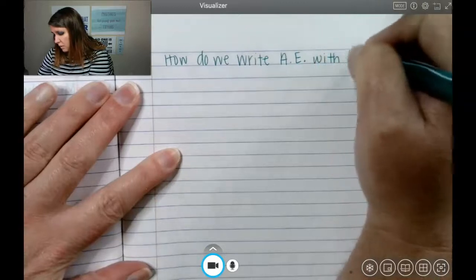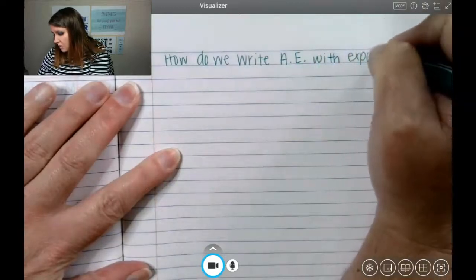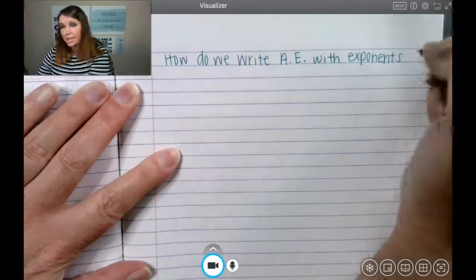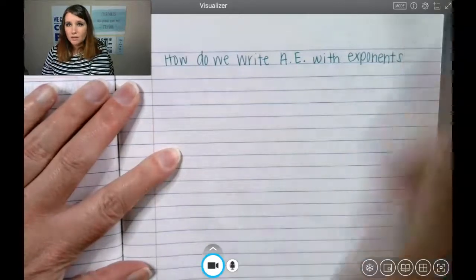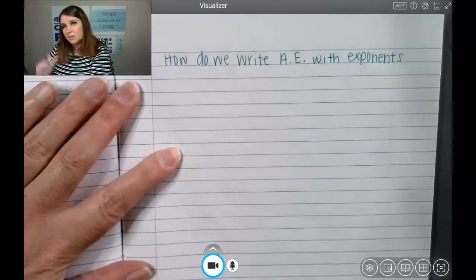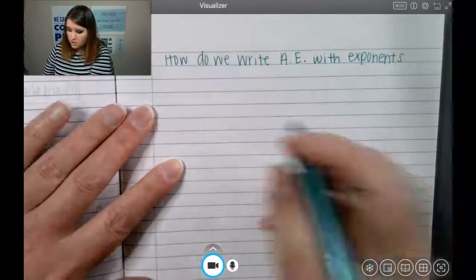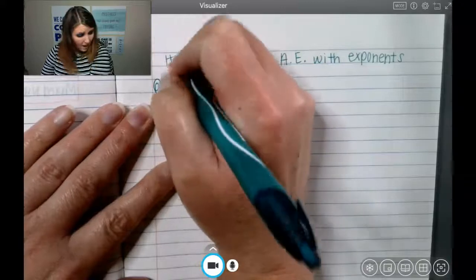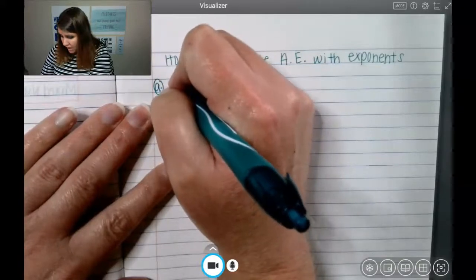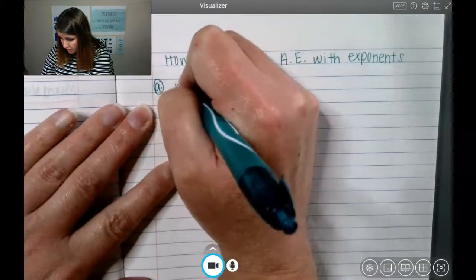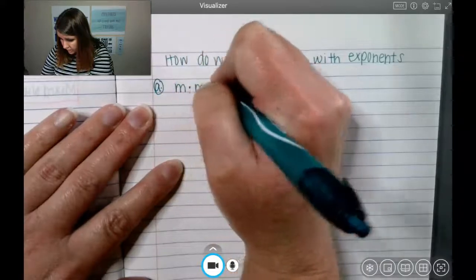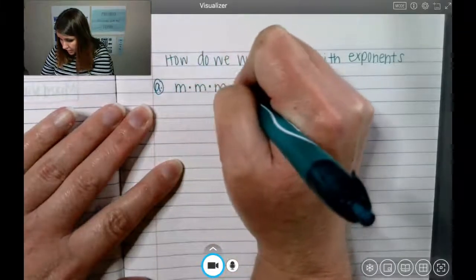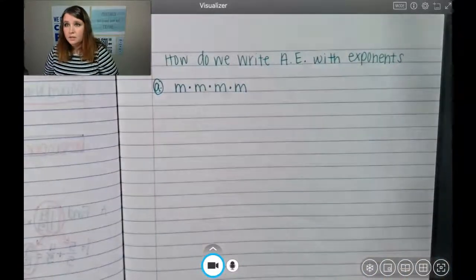All right, we know exponents from back in chapter 1 are those little teeny tiny numbers. So, for example, what happens when you have a bunch of letters that look like this?